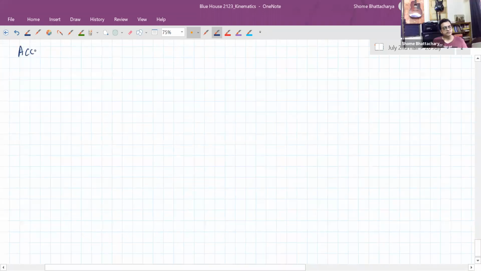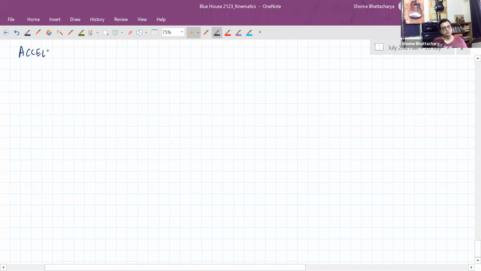Okay, so now let's look at the definition of acceleration. In general, it is defined as the rate of change of velocity. It's a vector quantity.